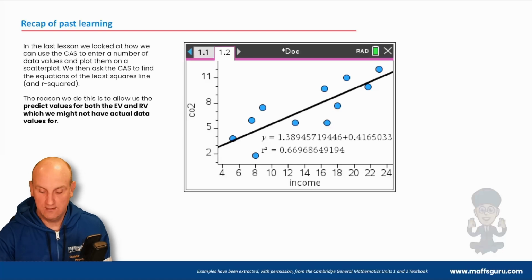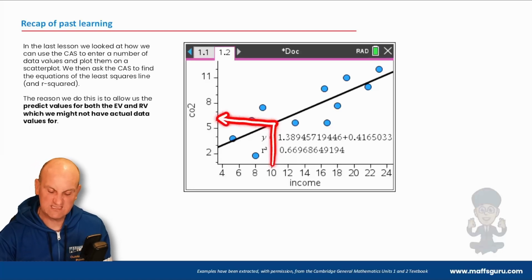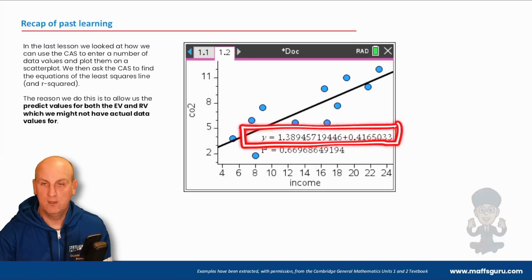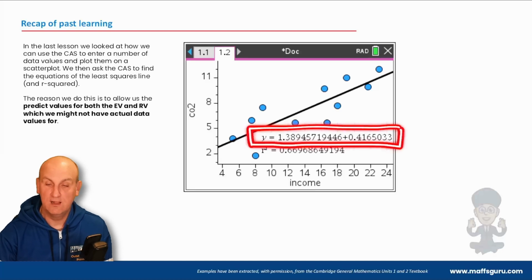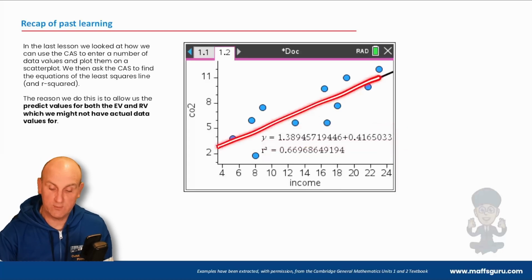Well, basically that's what the line does, because I can now read across, and it's approximately 6. Or if we want to put values into my calculator, we are fine. And again, your calculator is amazing because it shows us the equation of that straight line.